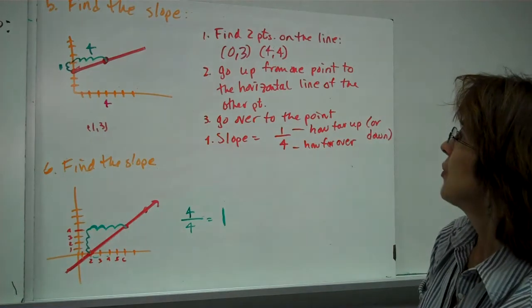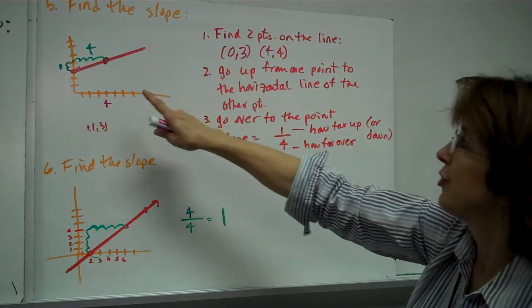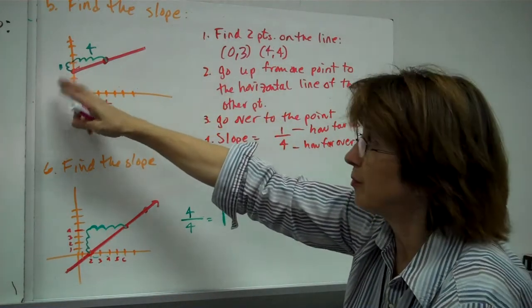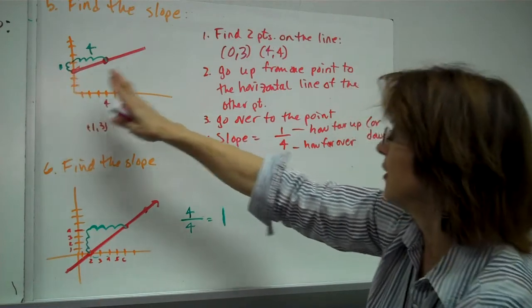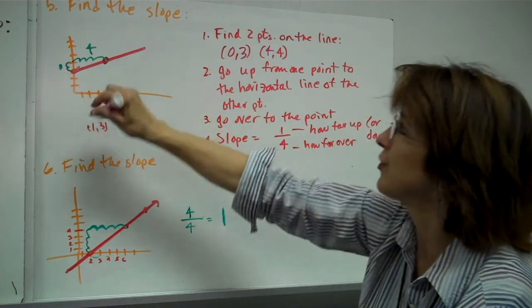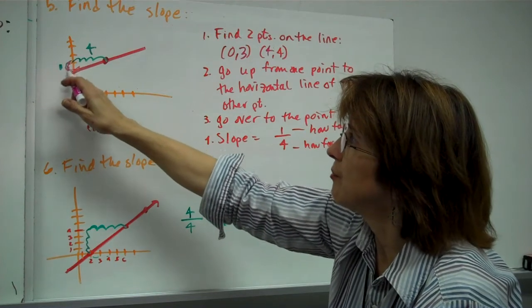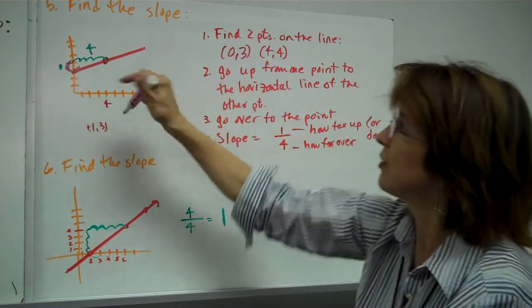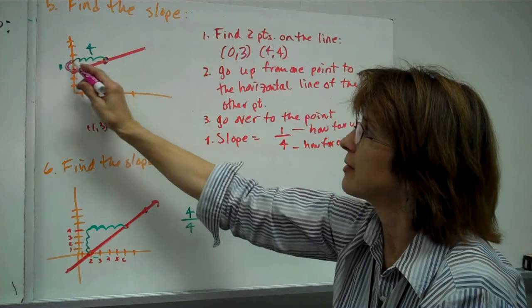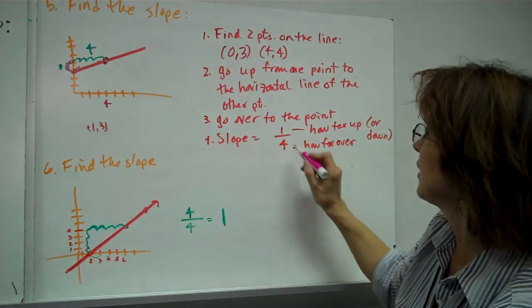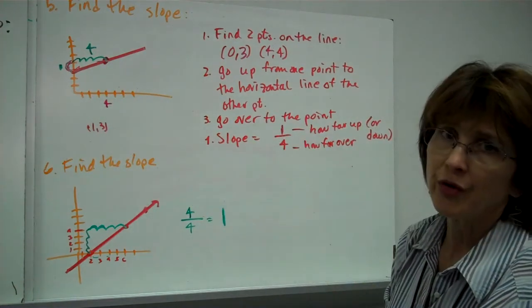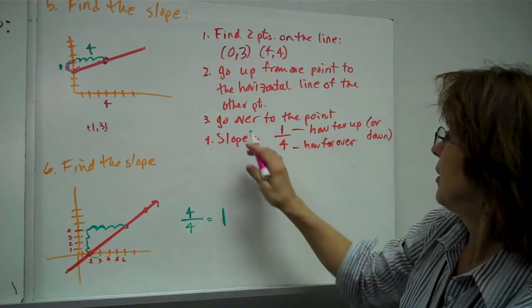When you go up, what you want to do is start with the point that's more on the bottom end on the left side. Start with that point, and first see how far you went up. It looks like I went up 1 place to get to the horizontal line of where that other point is. So that's 1, and that's what goes on top of your slope ratio.